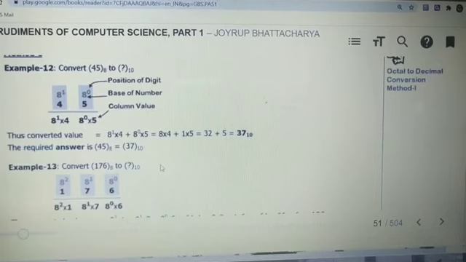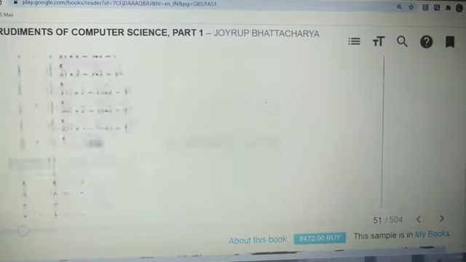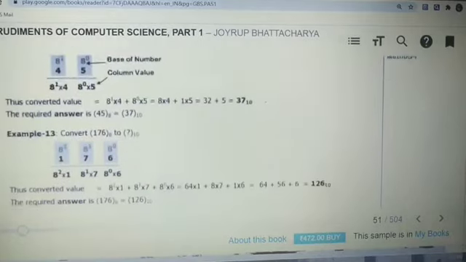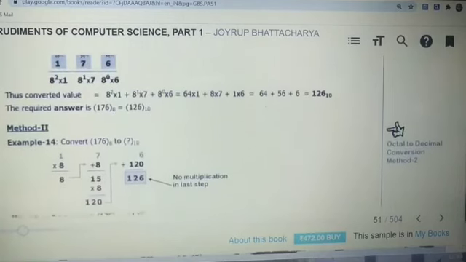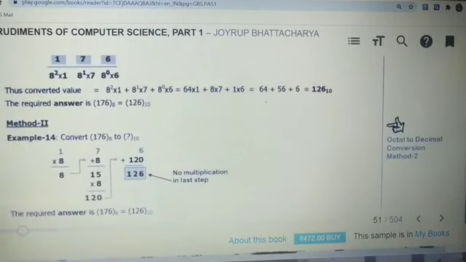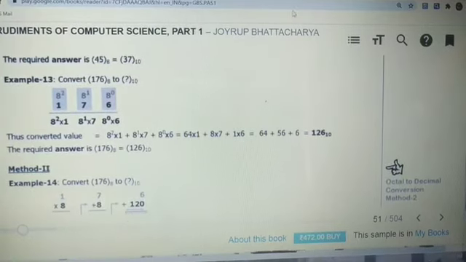Now coming to the next example, that is 176. First put the positional values 0, 1, 2.